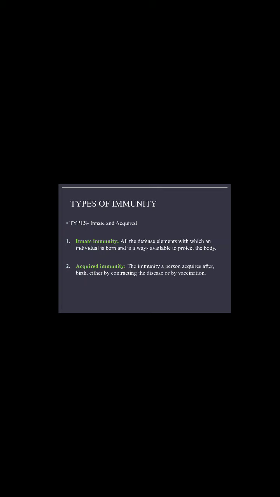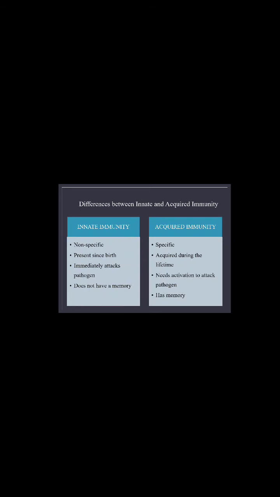And acquired immunity is the immunity which we develop during our lifetime. Like, if you have chickenpox once, next time you will not be infected by that. That we acquire during our lifetime. Innate is since birth, acquired is which we get after birth, and this may be done naturally or by vaccination process.